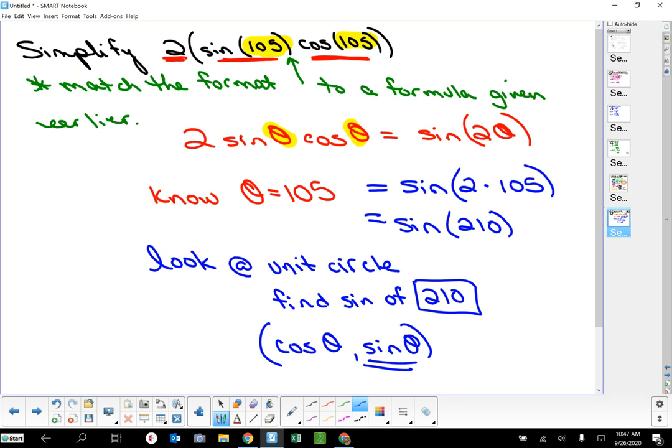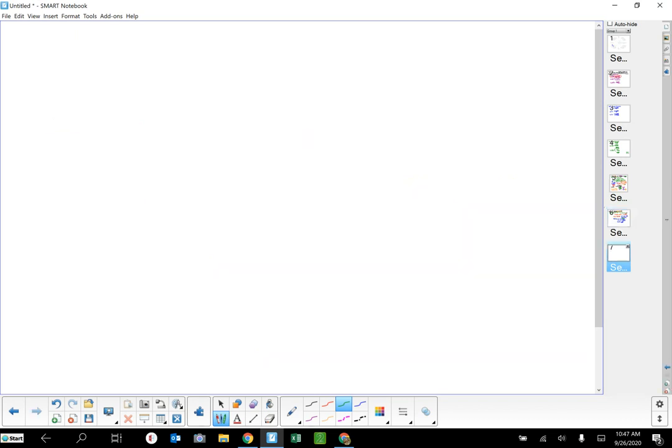I'm going to change pen color just so it stands out. The sine of 210 is equal to negative 1/2, and that would be the answer to that question. All right, so you're just using your unit circle. You're unpacking the formula, so to speak, to get some information there. All right, let's do another one.